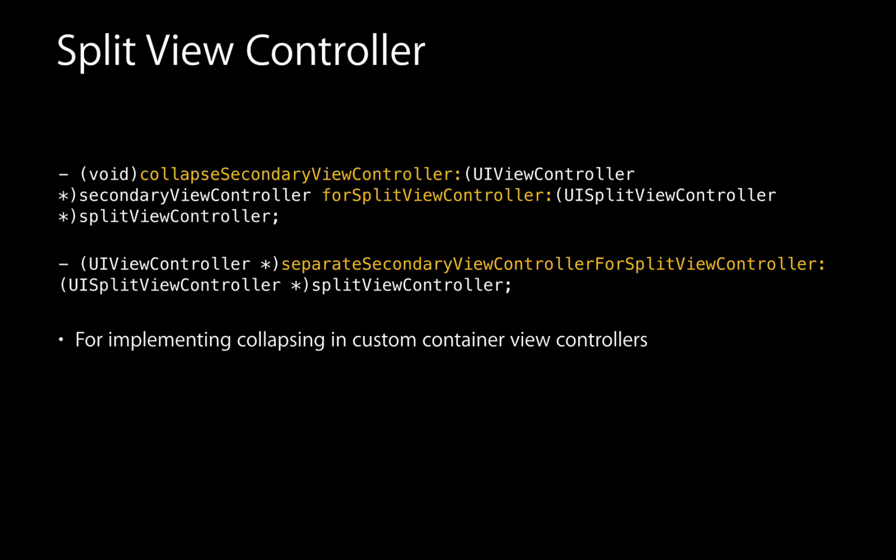These get called by the split view controller as part of its default implementation of the collapsing and uncollapsing that occurs. And UINavigationController implements these to push and pop the secondary view controller for you automatically. However, you can also implement these in your own container view controllers to get the same kind of behavior the navigation controller has, or even something completely custom for your application.